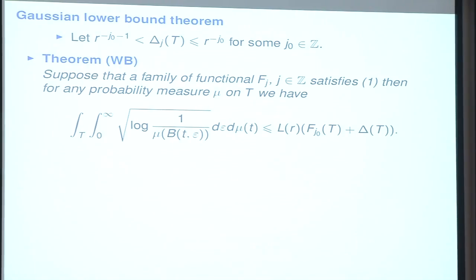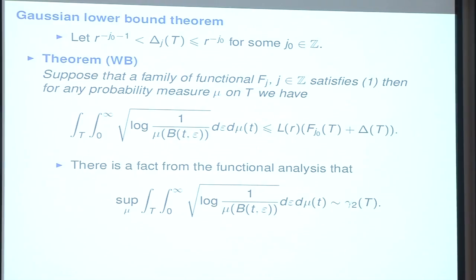The simplest proof goes that you fix one probability measure on the set T, and you can easily prove that if a family of functionals satisfies the growth condition, then it must be dominated. So such a functional for a probability measure must be dominated by what we've got from the partition scheme.